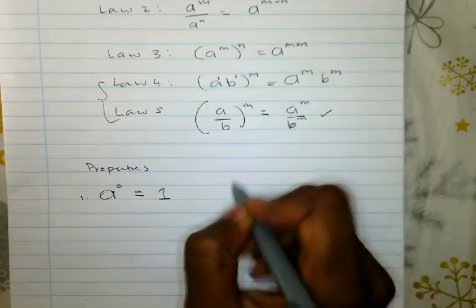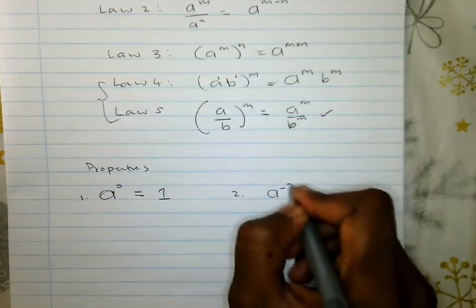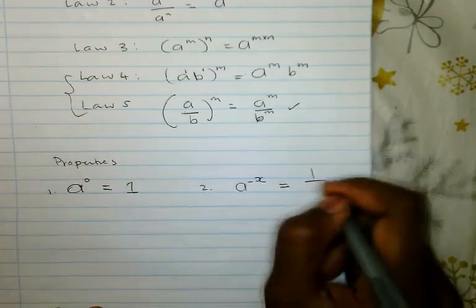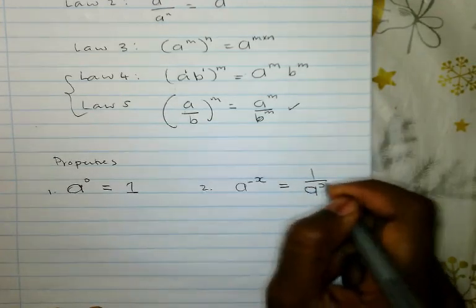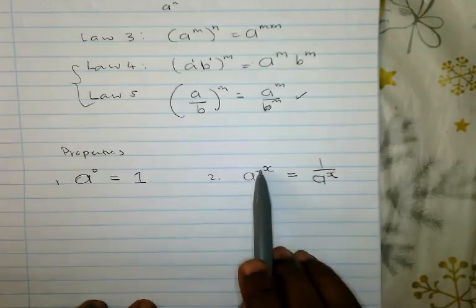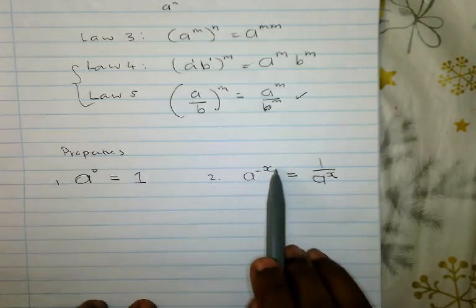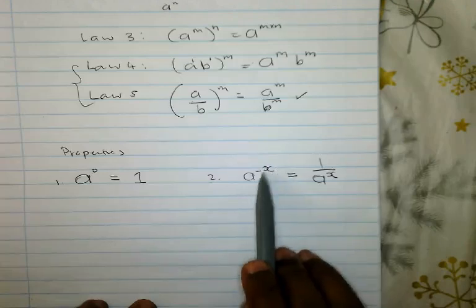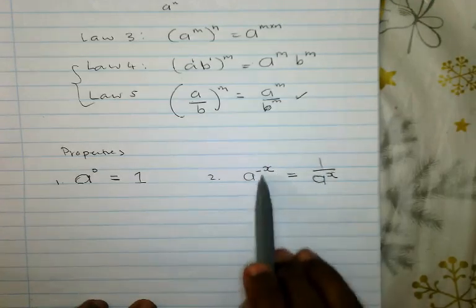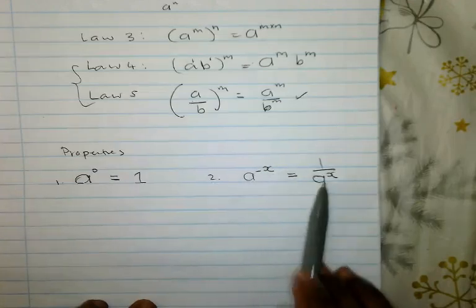And property number 2 says if we are given a negative exponent, we can write it as a fraction. If I have negative x as an exponent, this becomes 1 over the base to the power x, meaning this whole thing becomes a denominator.